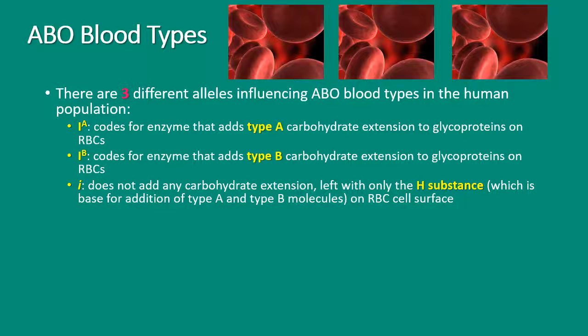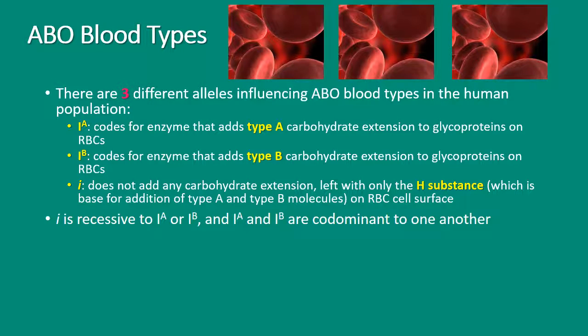So if you have the A allele, you add the type A carbohydrate. If you have the B allele, you add the type B carbohydrate. And if you have the lowercase i allele, then you don't add any carbohydrates, and you're left with just that base H substance on your red blood cells.